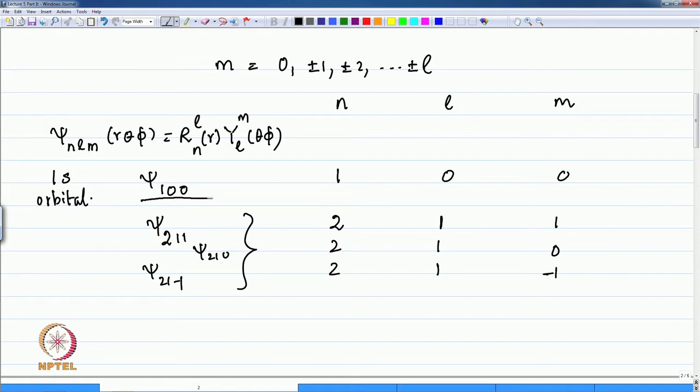Okay. The overall energy is a solution in the radial part of the equation. Therefore, the overall energy will depend only on n.